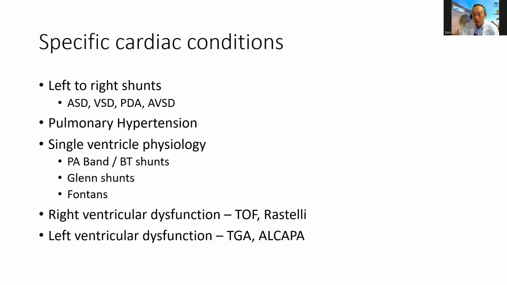But TGA is not a very good example, because no matter what you do to the TGA patient, if the patient does not mix very well, that means if the interatrial septum is restrictive, no matter what ventilator strategy we apply, we still need to perform the balloon atrial septostomy to open up the interatrial septum to promote more oxygenated blood going into the systemic circulation.